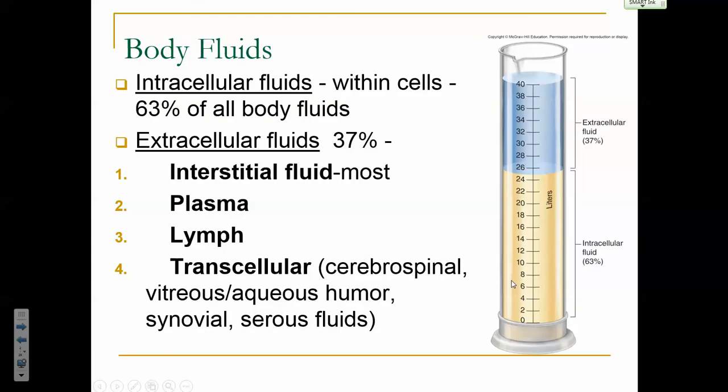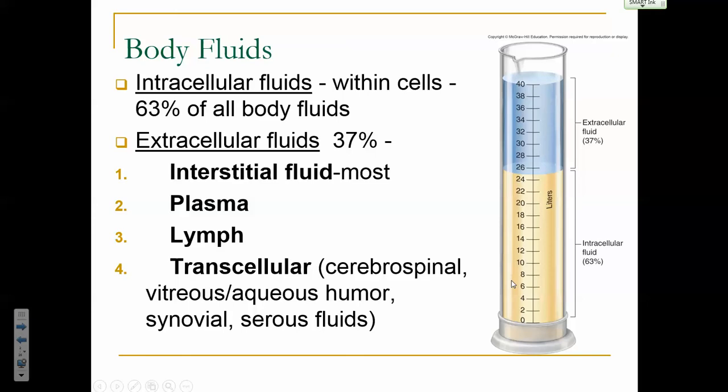All right. So if we're going to start looking at where your body fluids are, some of the bulk of your body fluids are actually inside your cells. Intracellular is inside your cells, and then everything else is considered extracellular fluids.